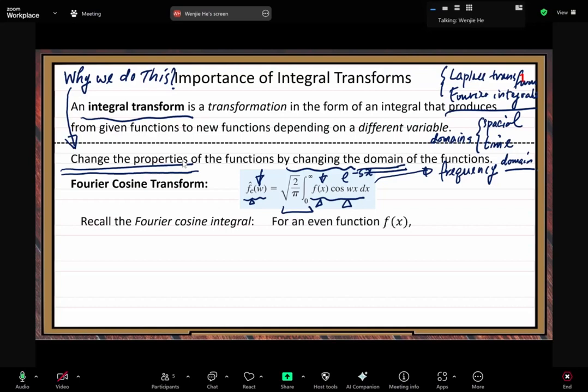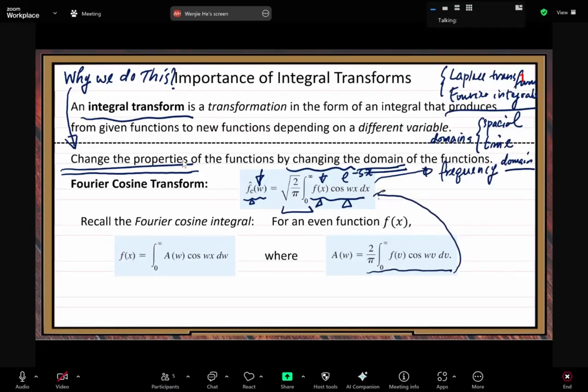The Fourier cosine integral for an even function, so we define the Fourier cosine integral, even function. So the A function, you do a comparison. Very similar.